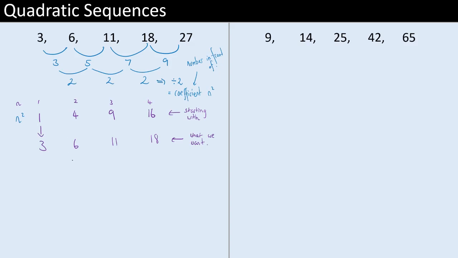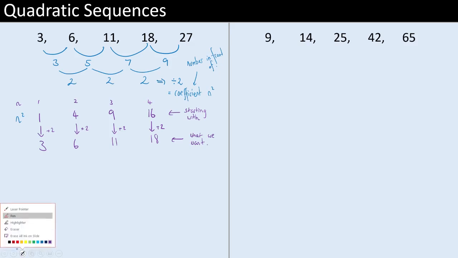Now with n squared sequences, we might need to do a little bit more work. So we need to check multiple terms. We can't just check the first one. So with this one, I have to add 2. From 4 to 6, I would add 2. From 9 to 11, I would add 2. This looks good. And from 16 to 18, I would add 2 as well.